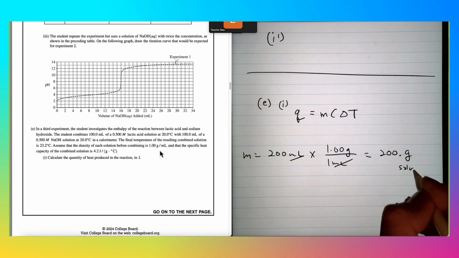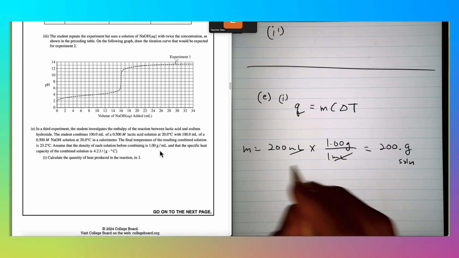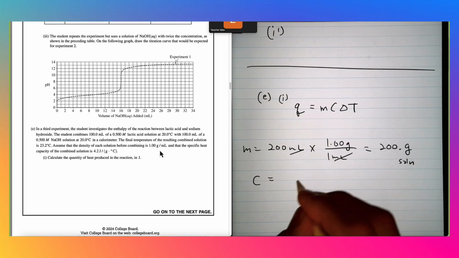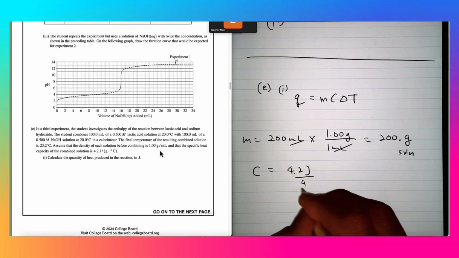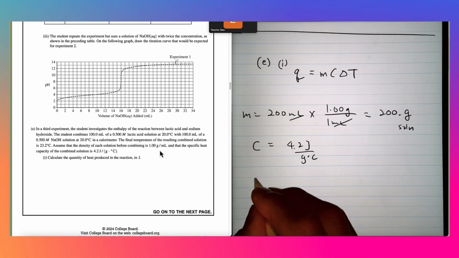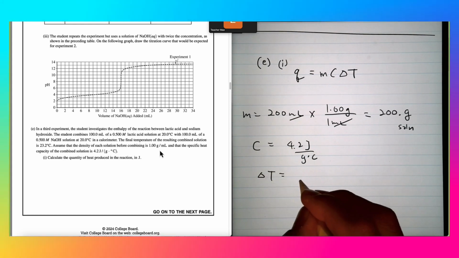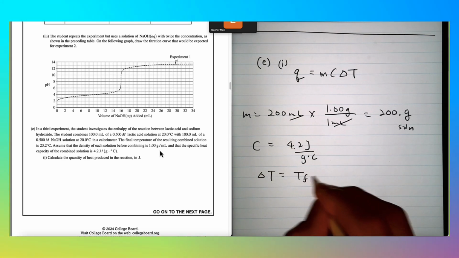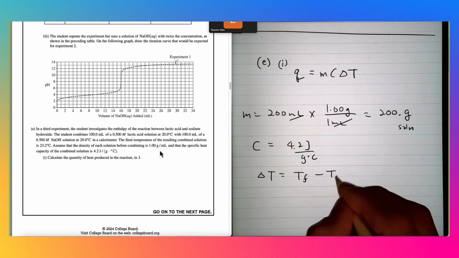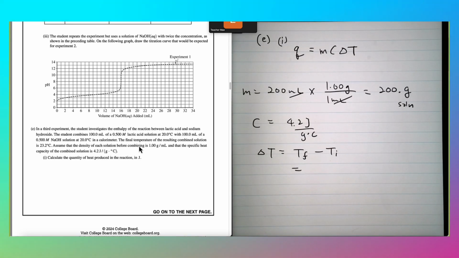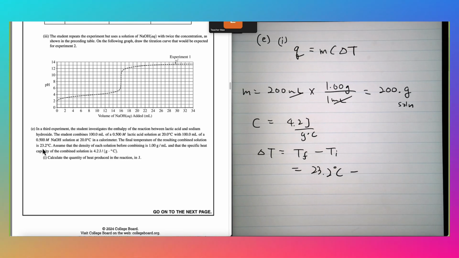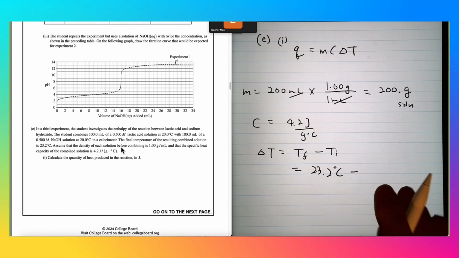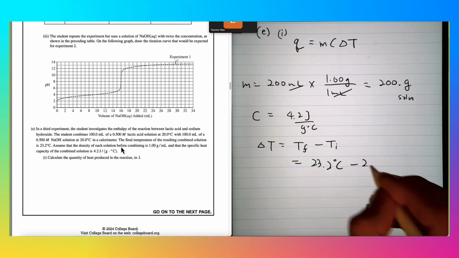And then the specific heat capacity is given, 4.2 joules per gram per Celsius. Now, as far as the temperature goes, this delta represents final minus initial. So final temperature minus initial temperature: they told us that 23.2 is the final, and the initial, you start with 20 degrees for each solution, lactic acid and the sodium hydroxide.